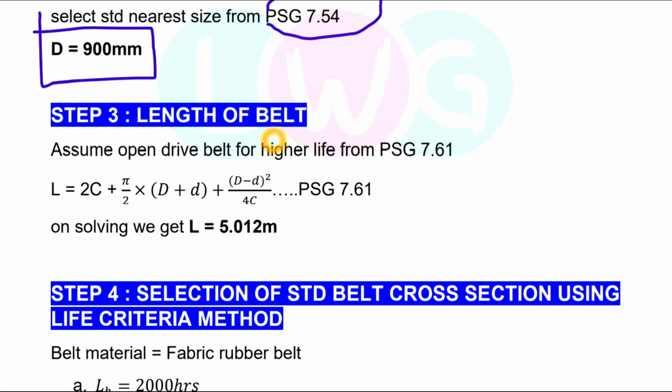Step number 3 is to find the length of the belt. You will get this formula from PSG 7.61. The formula is L = 2C + π/2 (D + d) + (D − d)²/4C.